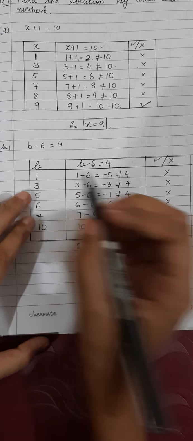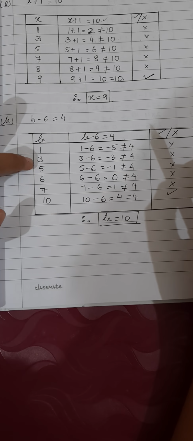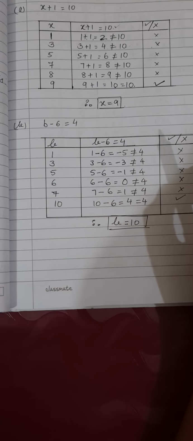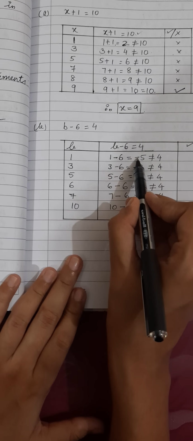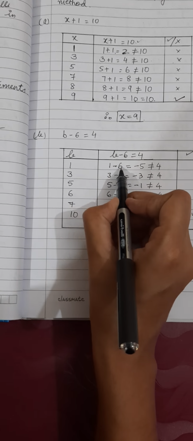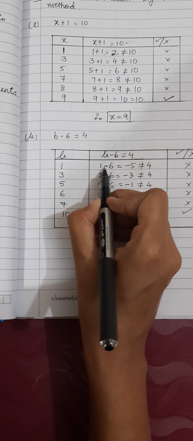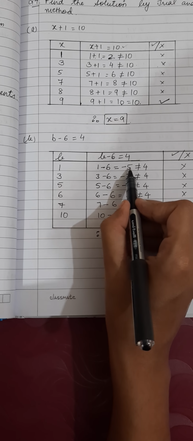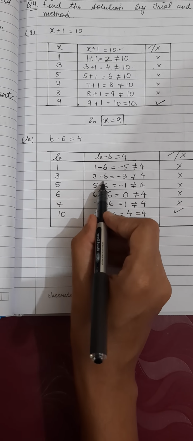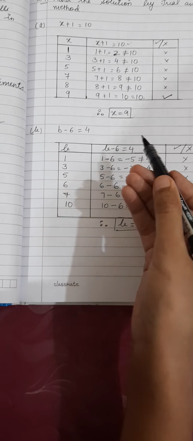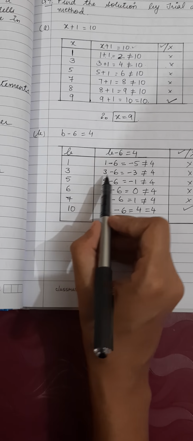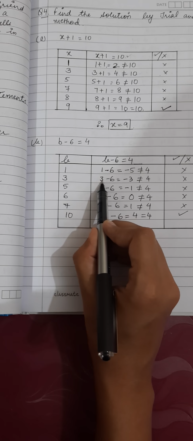Right? Now B part, try it by yourself, or I will be explaining you the B part because negative answers are there. Take 1, 3, 5, whatever numbers you are going to take, and 1 minus 6 will give you minus 5. Because with the bigger number the negative sign is there, so you are going to place here minus 5, and minus 5 is not equals to 4. Similarly, you can take 2, you can take 4, any number you can take here. Then 3, instead of B I am going to take 3. What is 3 minus 6?